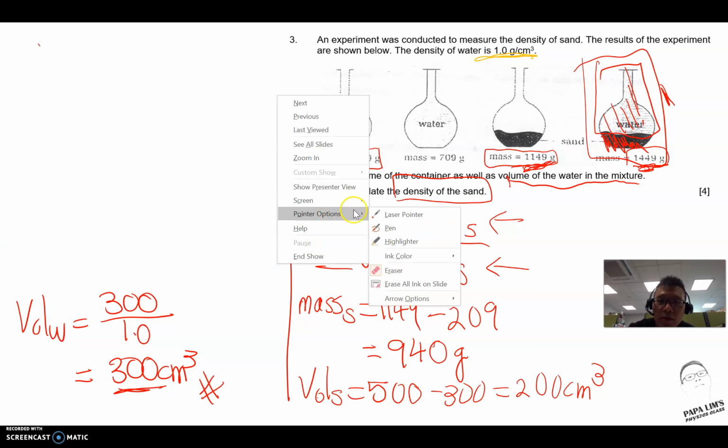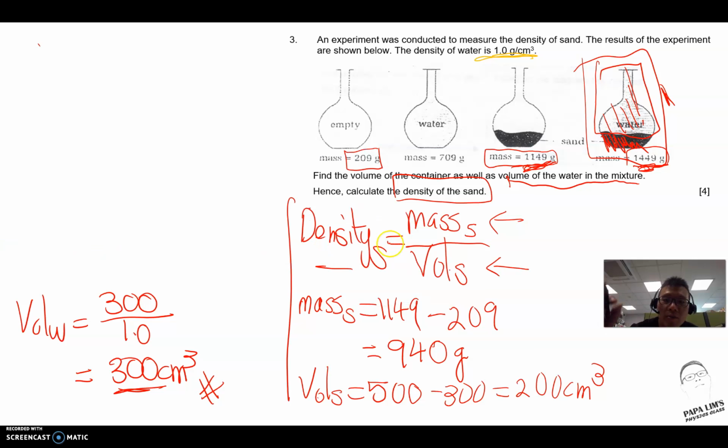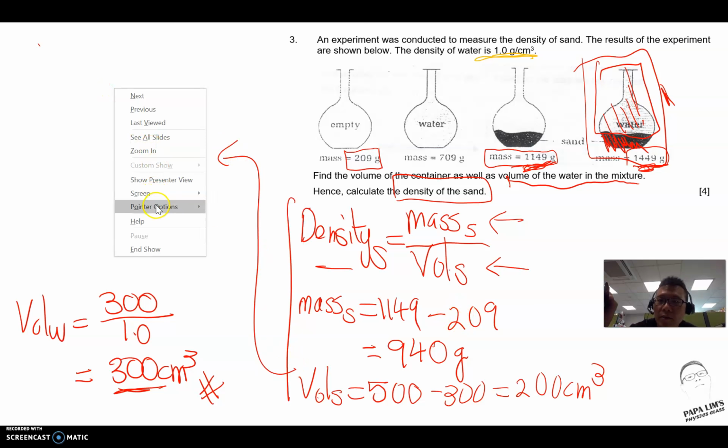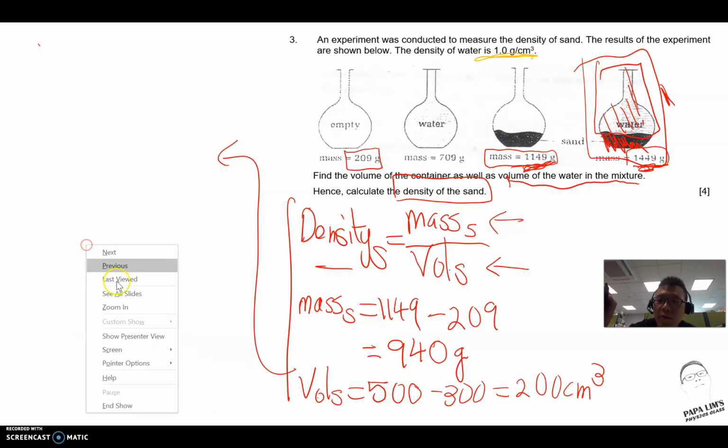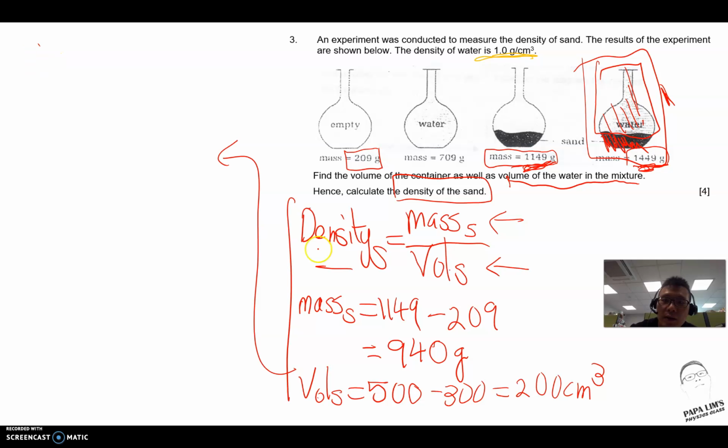So now let's go about doing it. Now I want to find the density of the sand. I will have the mass of the sand, which is 940 gram.